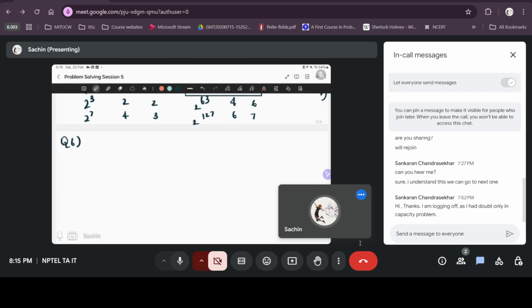Question 6. Binary erasure channel with erasure probability epsilon equals 0.3.